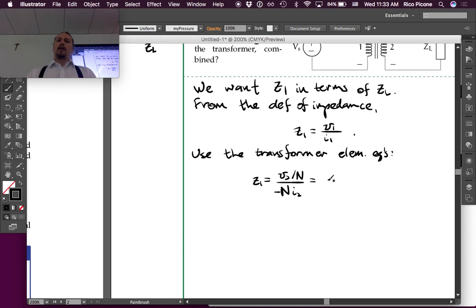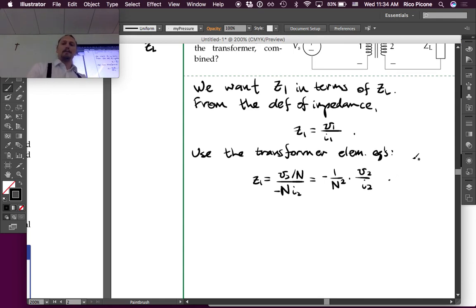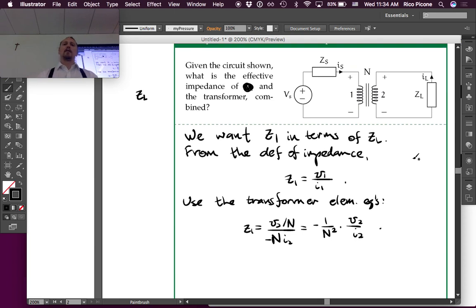So if we bring the factor negative 1 over n squared out front, we have negative 1 over n squared times V2 over I2. Great. So we've jumped through the transformer now. We picked up a factor of negative 1 over n squared.